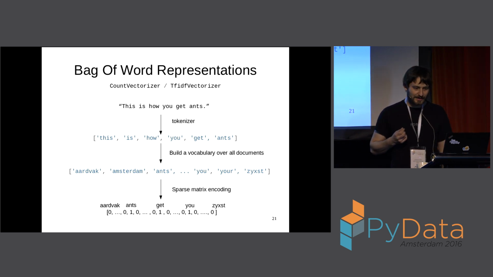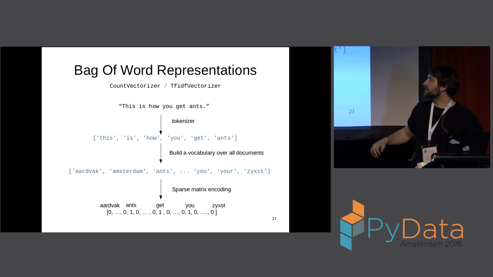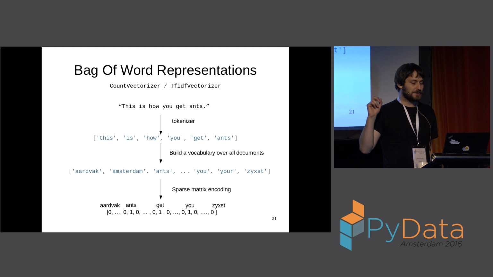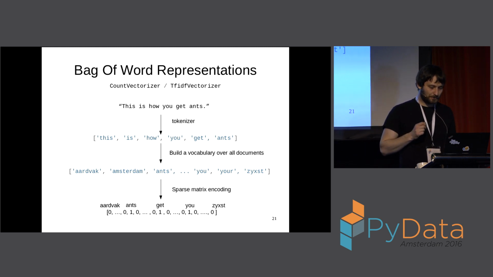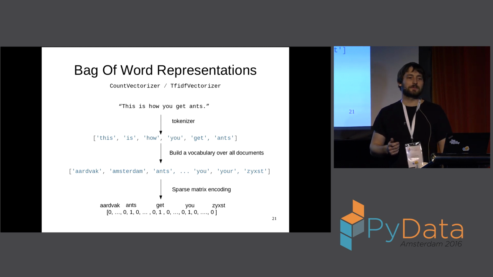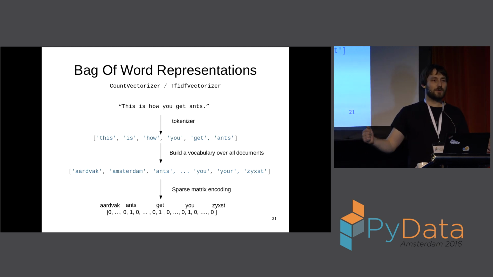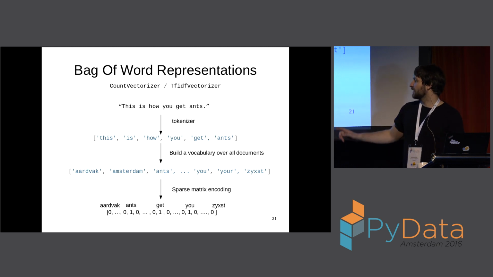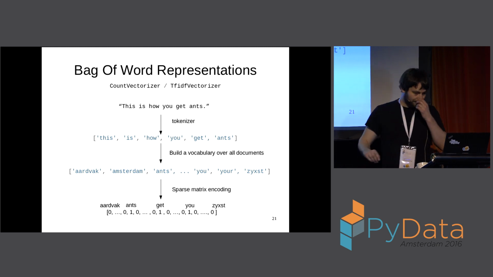Then we go back to the original string that we want to encode, and we count how often each of these tokens appears. Out of these hundreds of thousands of words, only 6 actually appear. So there's a whole bunch of zeros and 6 entries of 1. So there's a 1 for ants, a 1 for get, a 1 for how, and so on.